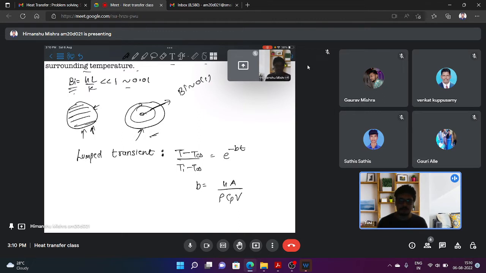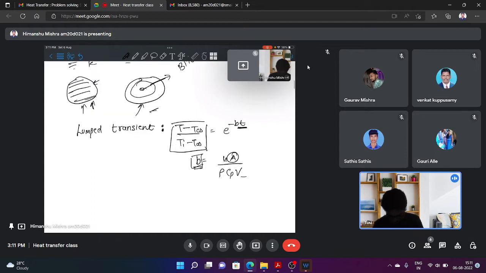As per the theoretical model, we know that the variation of temperature depends on the heat transfer coefficient, surface area, volume, and the heat storage capacity. If I increase the surface area of any body, my value of B will increase, which ensures that the temperature changes very quickly with respect to time.